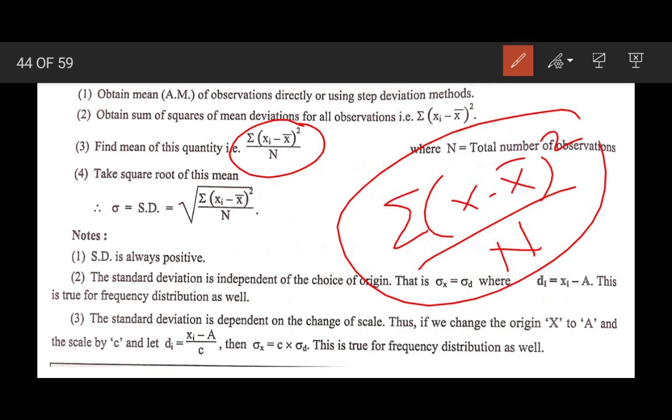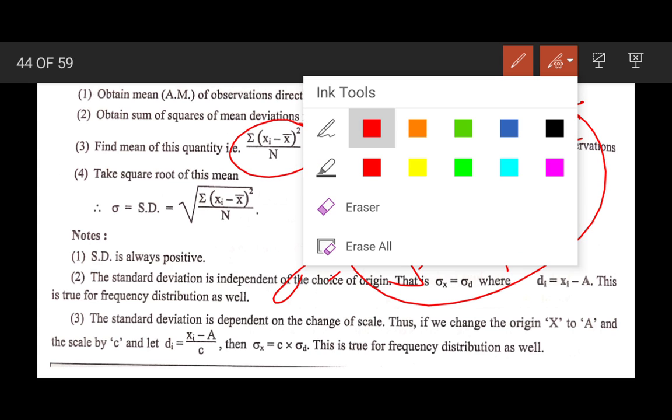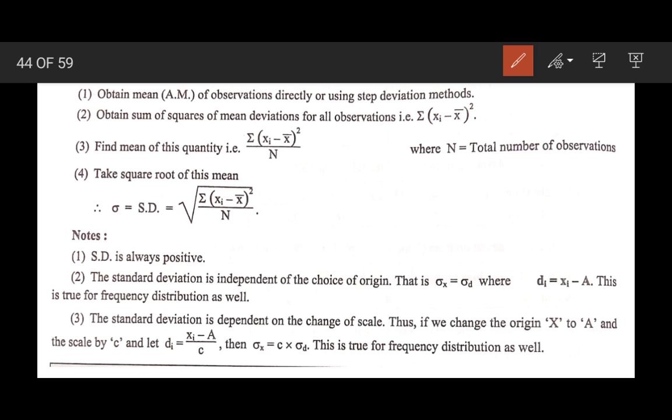And the last step: sigma is equal to under root of this. So total 4 steps. In the first step we find x bar, in the second step we find the distance of each value from x bar, then we square that value and find the total of that column.